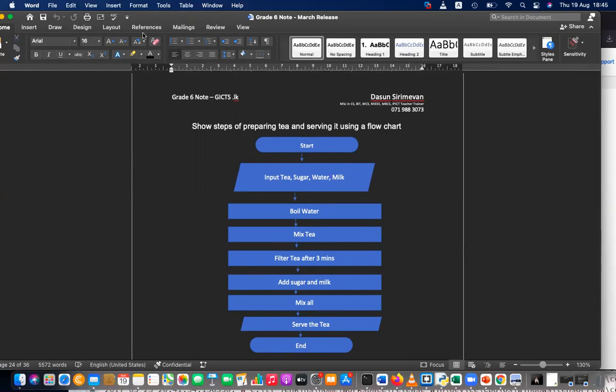After drawing in your book, you can send me a WhatsApp message. Sir, do we have to draw a flow chart of finding the perimeter of a rectangle? Yes, find the perimeter of a rectangle. Okay, sir.